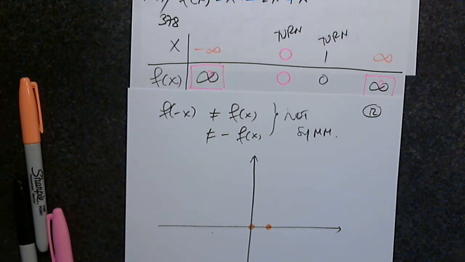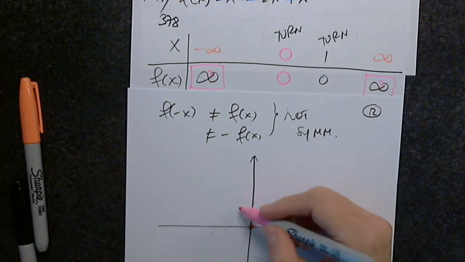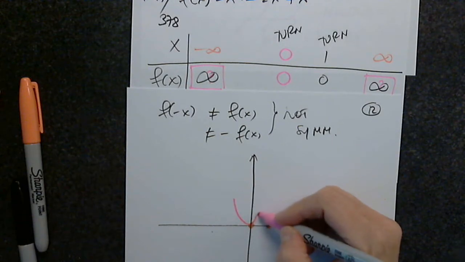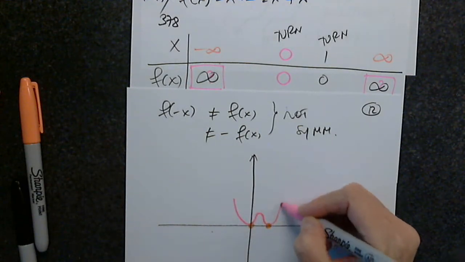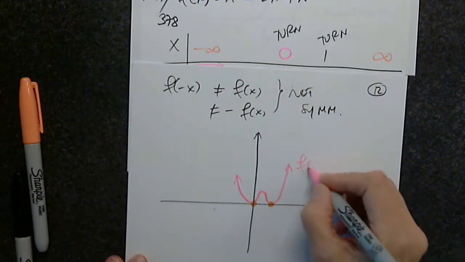One more time, from positive infinity to the origin where it turns. But it has to come up to some number, some height, some maximum, because it comes back and turns again at 1, 0 going to infinity. So here it is. As a maximum, comes back, turns, and this is our function.